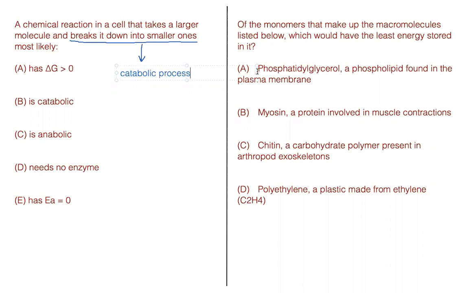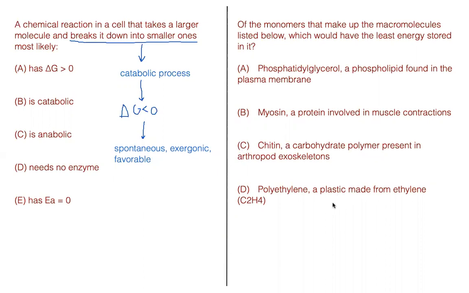And remember that catabolic processes tend to have a delta G that is less than 0. So what else does that tell us? That tells us that our reaction can be classified as spontaneous or exergonic or favorable, right? All of those descriptors would be fitting for this reaction.